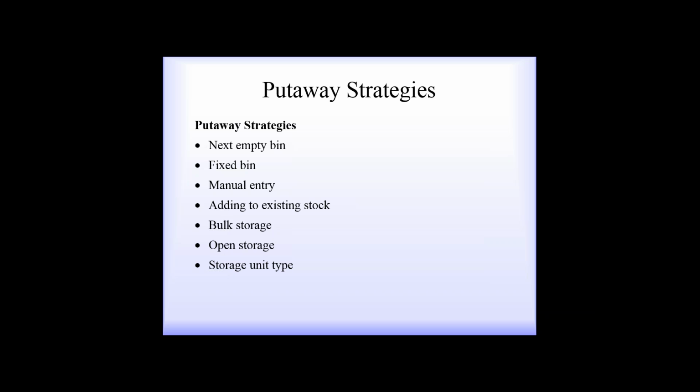So how do we define the storage types for our business, how do we receive a material into a bin, and what kind of strategy can we apply, which bin do we have to receive in, right? So we have different put away strategies: next empty bin strategy, fixed bin strategy, manual entry, addition to existing stock strategy, bulk storage strategy, open storage strategy, storage unit type, pallet strategy. These strategies will be covered in detail in the training session.